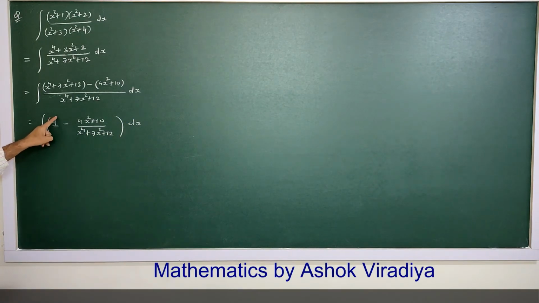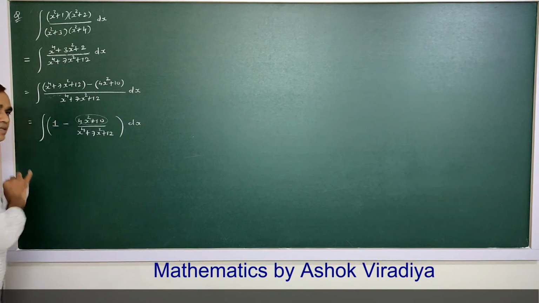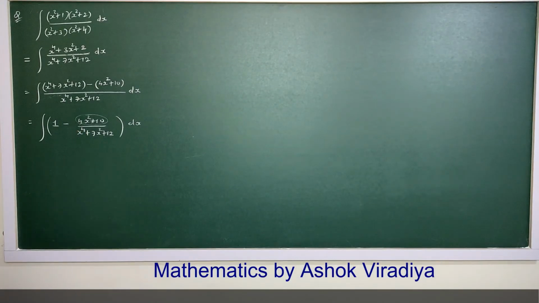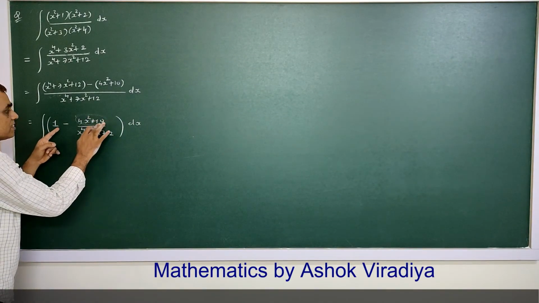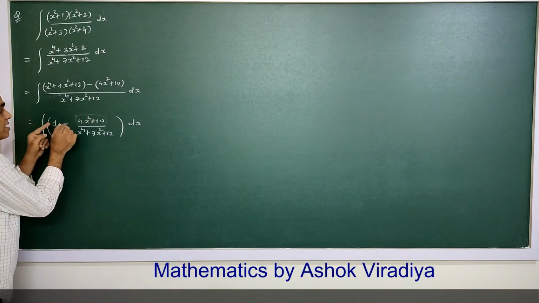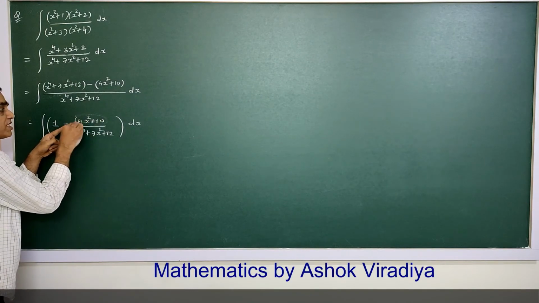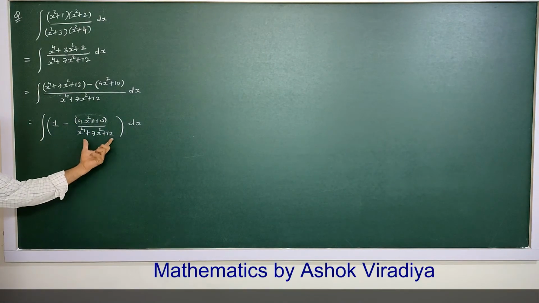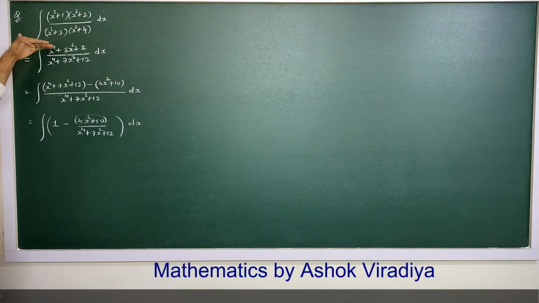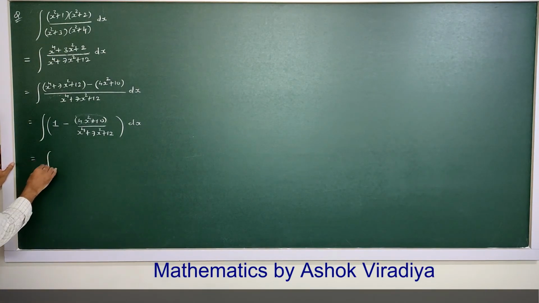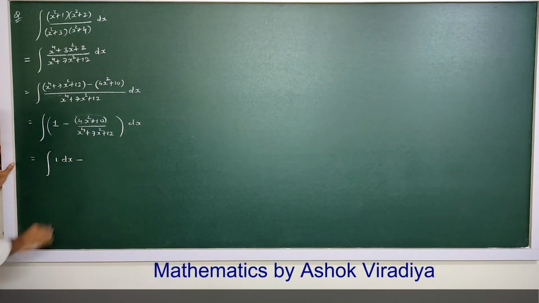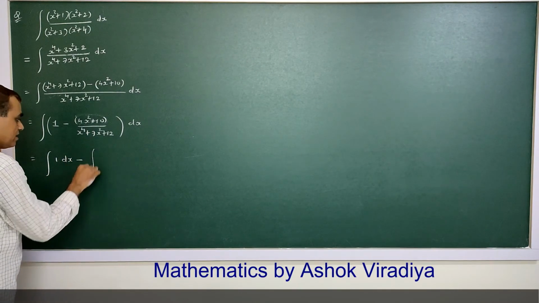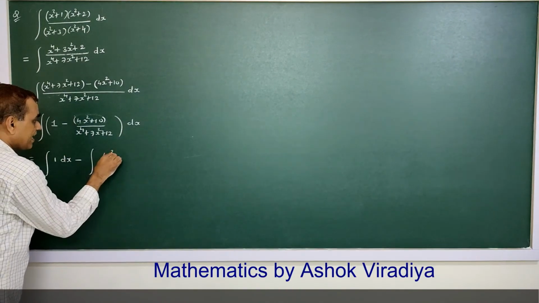So this is the quotient, this is the remainder, this is the divisor. The remainder is with a minus sign: minus of (4x^2 + 10) will be the remainder. This is the divisor and this is the quotient when we divide these polynomials. That is 1 dx minus, now here 4x^2 + 10.